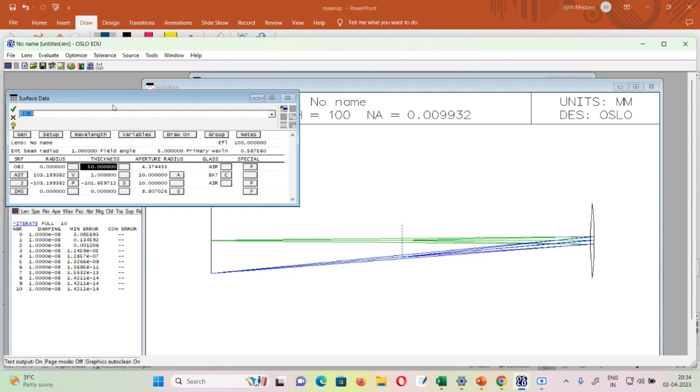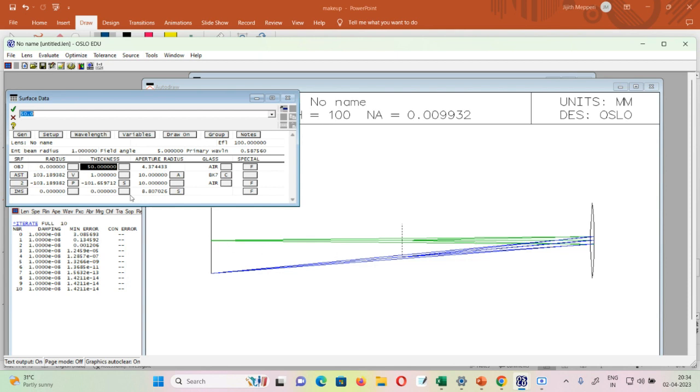Now with this Oslo, I am checking what happens if I increase the thickness of my lens. Hopefully you understood all the other things about imaging with the lens. If you have any doubt, you can put it in the group so that we can clarify it.